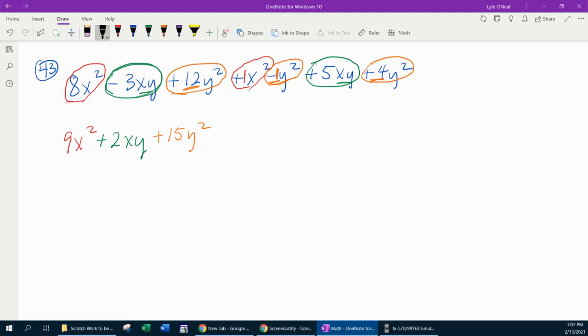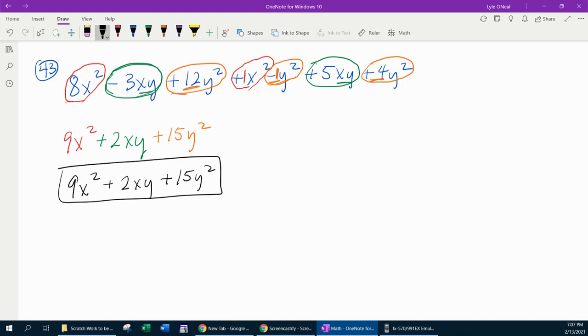And so now to rewrite that where you can actually probably see it, 9x squared plus 2xy plus 15y squared is the final answer because none of the remaining terms are like terms. And it doesn't say to do anything else. It doesn't say try to factor that or solve it. It just says combine like terms. And that's all you need to know how to do there.